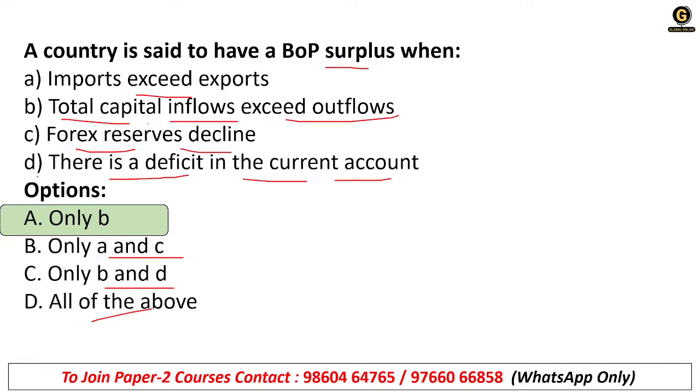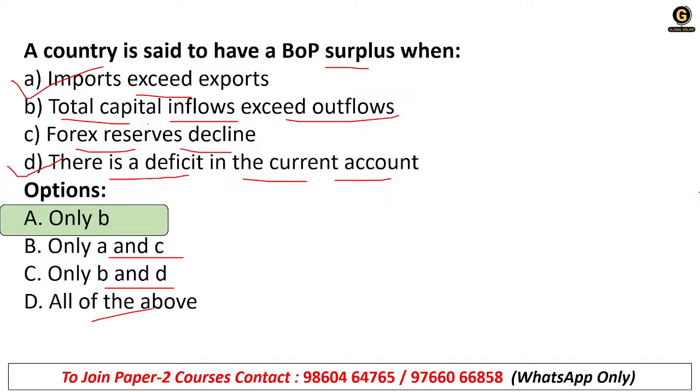That means here A and D are not correct. When imports are exceeding exports, that means we are purchasing more than we are exporting. We are giving more money to other countries than we are receiving in our country, right? When we are importing, we are spending, doing expenditures, and our money is outflowing.